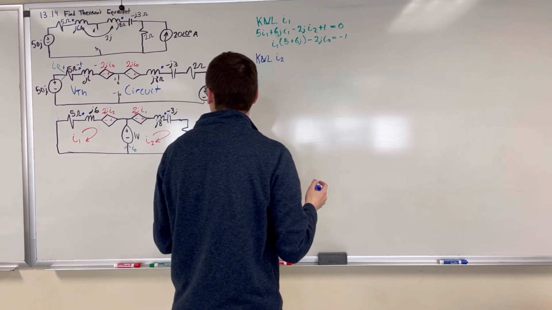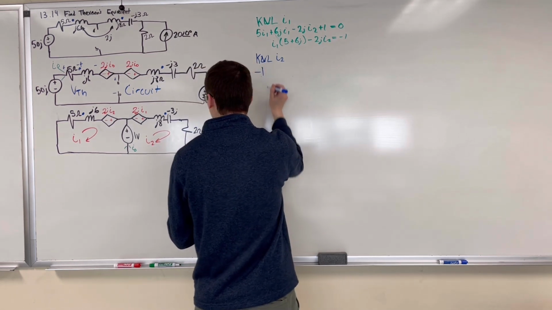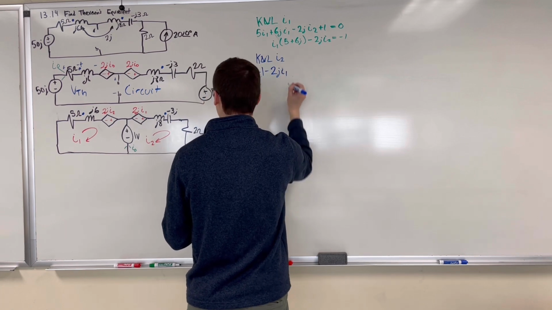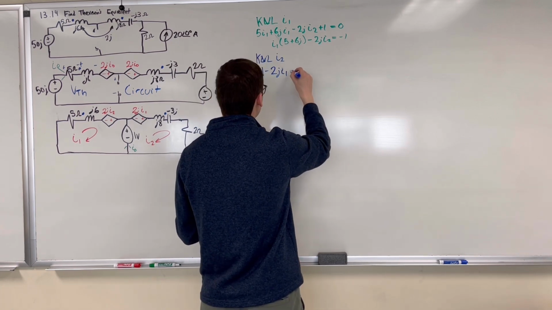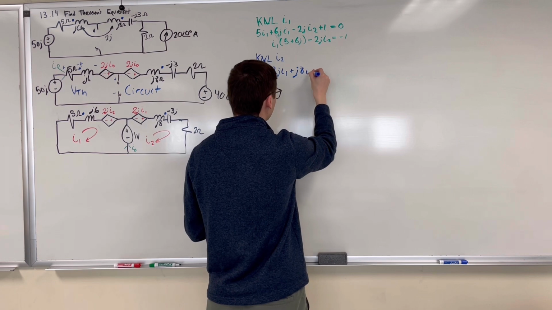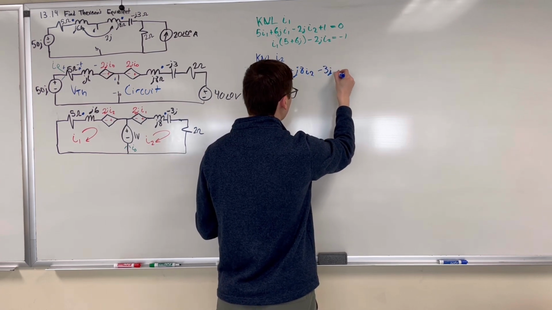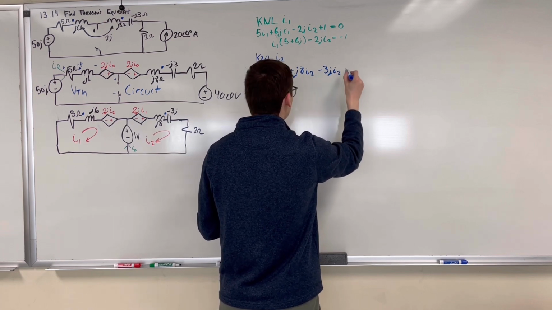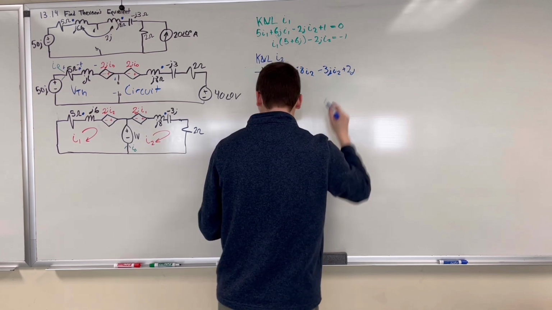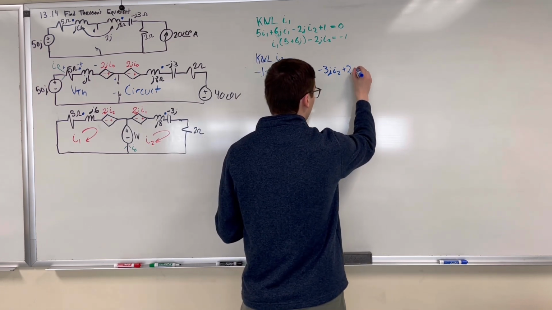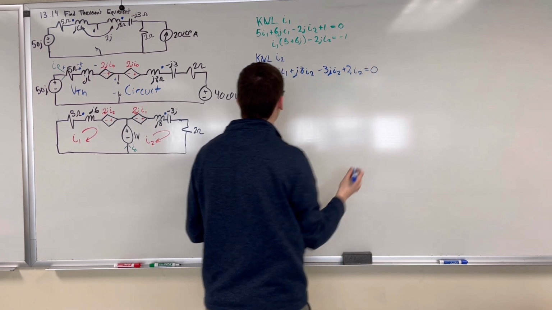I'm going to start at the source, so it's going to be -1 minus 2J I1 plus J8 I2 minus J3 I2 plus 2, no longer J, just 2 I2 equals 0.